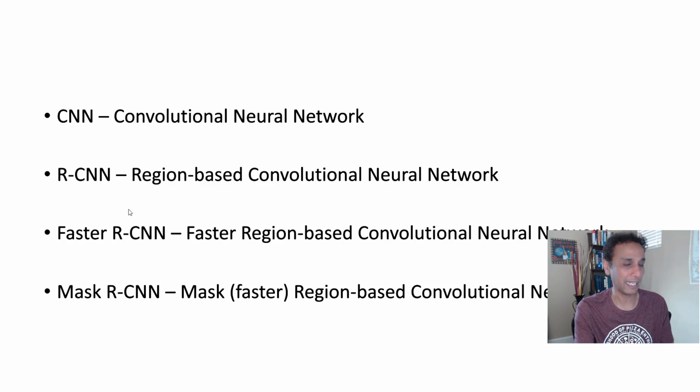I'll also mention exactly what that is. And finally, Mask RCNN stands for mask region-based convolutional network, and I put faster in the parenthesis right there because Mask RCNN is based on Faster RCNN. So let's go ahead and progressively address each of these and see how these different algorithms actually work from a practical point of view, and then eventually end with Mask RCNN.